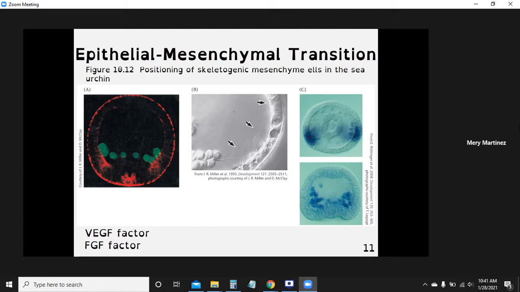So in B, we see that cells have fused together. They are all clustered, right? And they start elongating the filopodia. These little hair-like projections are the filopodia, which start sensing the environment of the blastocele wall.